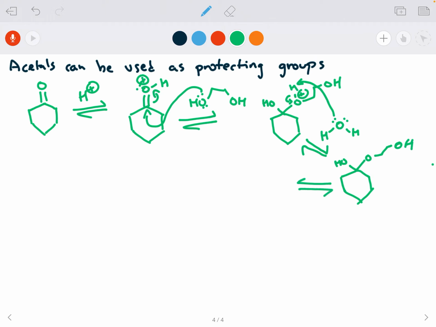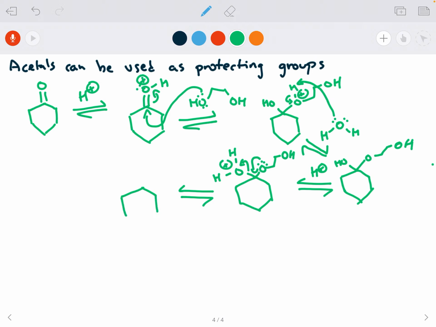So the next step, if you remember, is going to be protonation with a strong acid. And I'm protonating the hydroxyl group that's bonded to the ring. So one of the lone pairs from that oxygen is going to move down, kick off that OH2 group now, right, the water. So I've reformed a carbonyl.